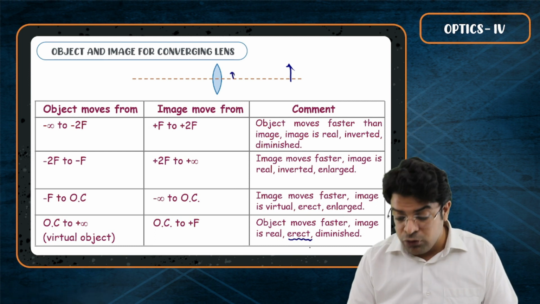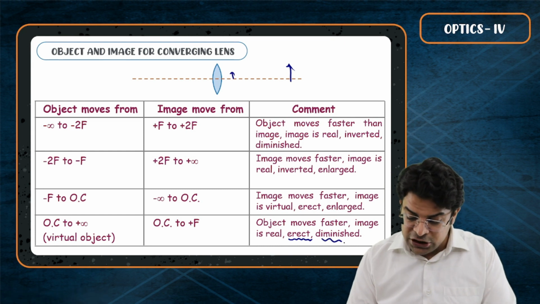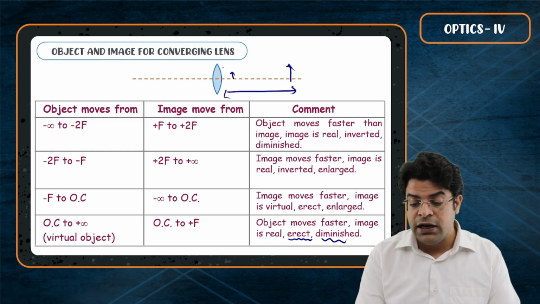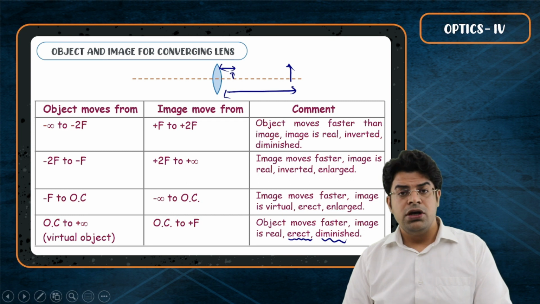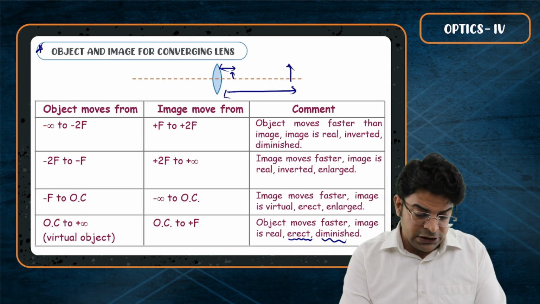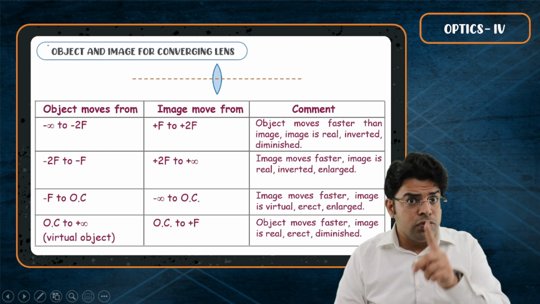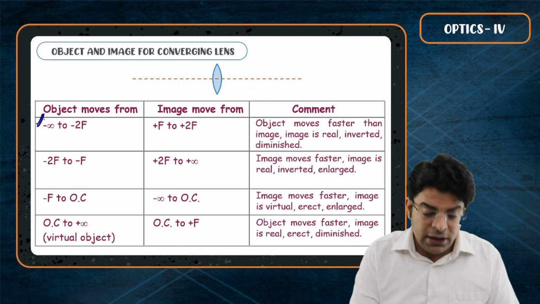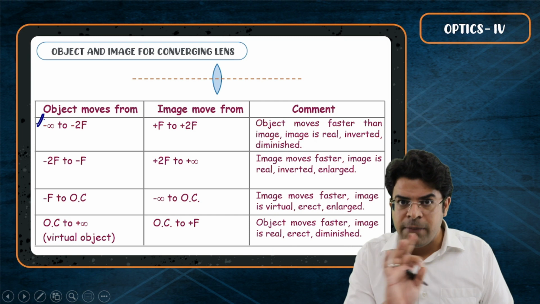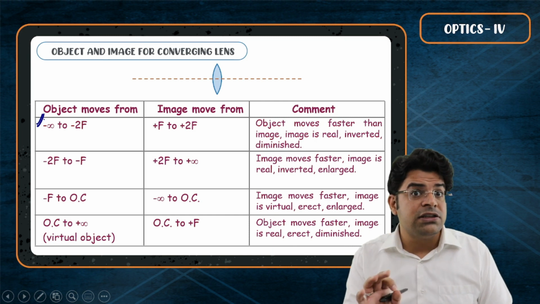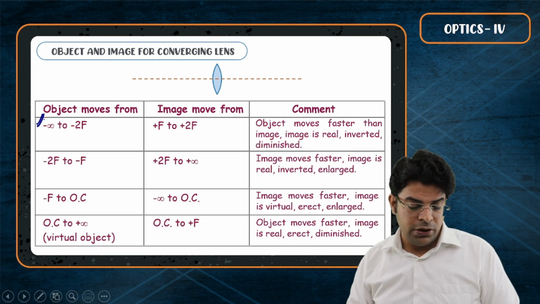That's why they have to be erect. And it will be diminished because the object distance is more and the image distance is less. So you need to know all these points. Now, as I said already, go to the timestamp where I began and revise it once more. If you remember them, it will help you a lot in understanding optical instruments better.